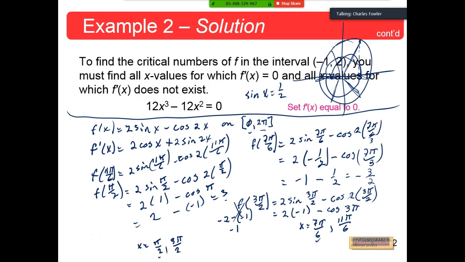Anyone with long memories remember what sine of 11/6 pi is? Negative 1/2. So we have 2 times a negative 1/2, minus the cosine of, and what's 2 times 11 pi over 6? 11 pi over 3.